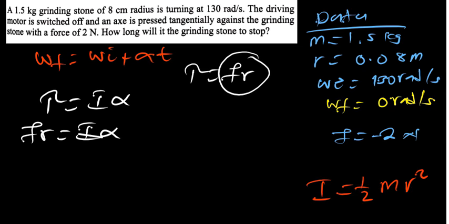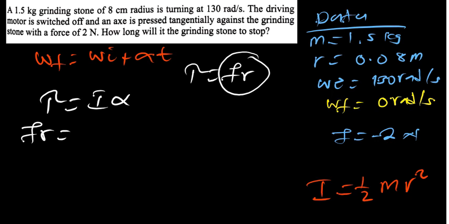So you don't have to master the formulas of inertia because they're going to give you. But what you need to know, in case they don't give you, is that for the grinding stone the inertia is half mr squared. Then again, the inertia of the disk is half mr squared. The inertia of the hoop is just mr squared. The inertia of the solid sphere is 2 over 5 mr squared.